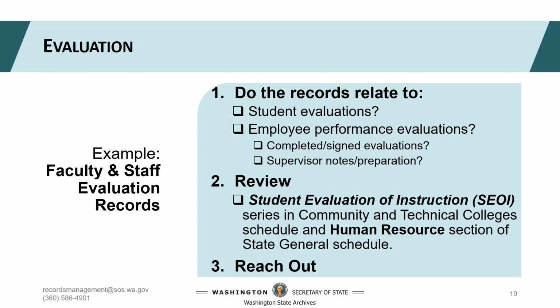As I've said a couple of times now already, these navigational strategies are going to get you close to the right record series. But the answers to your questions will narrow it down to one or two different options. For instance, completed employee evaluations are retained in a series separate from the notes a supervisor gathers in preparation for that evaluation.